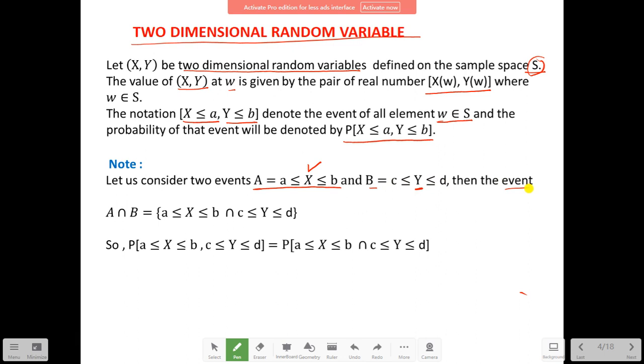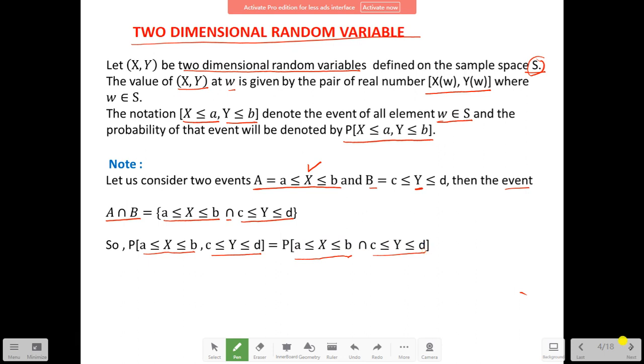Then the event A intersection B is a ≤ X ≤ b intersection c ≤ Y ≤ d. So the probability of X lying between a and b, Y lying between c and d is equal to the probability of X lying between a and b intersection Y lying between c and d.